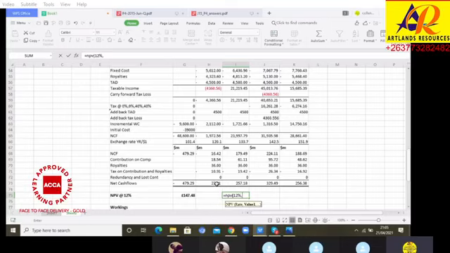Remember, dot is not a comma. Then you highlight values from year 1 like this. And then you need to subtract the initial outlay. But remember, initial outlay is negative, so what you do, you add it. You say plus initial outlay like this.